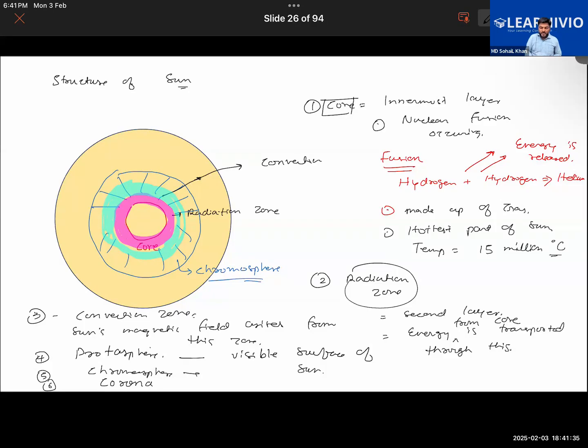Okay, now that is the corona. So what is the corona? Basically it's the sun's outer atmosphere. So these are the different layers. Getting it, everyone? You have the core. The core further has got the radiation zone in it. It has the convection zone in it. Getting it?